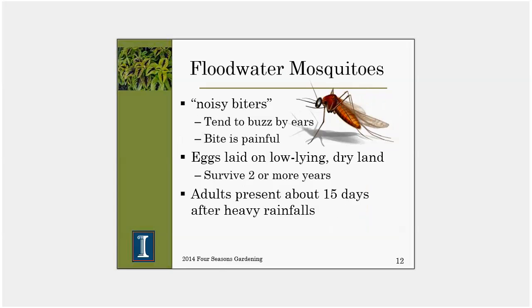Floodwater mosquitoes are associated with floodwater. We tend to think of them as being most prevalent in the spring of the year, because that's when we tend to get a lot of our rainfall. The adult mosquitoes actually lay their eggs on dry land, but it's low-lying land, and the eggs overwinter just lying on the soil.